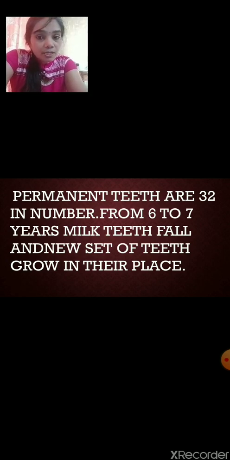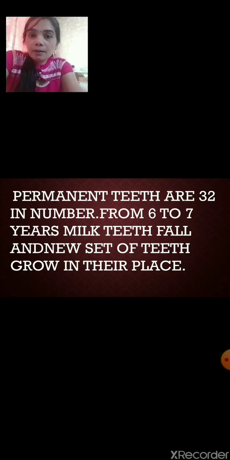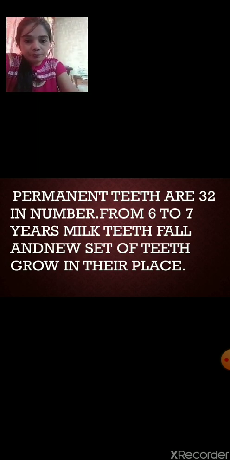When you become 6 to 7 years old, our milk teeth will begin to fall. And in that place, a new set of teeth will grow. That will be a little bigger and broader. So these new teeth are called permanent teeth.